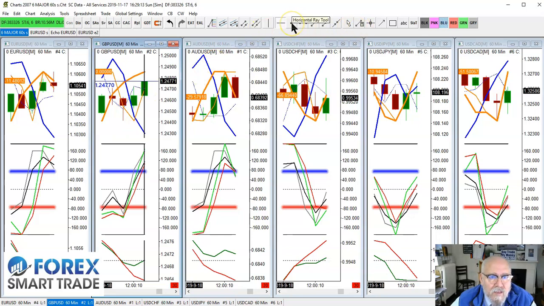So to take 5 pips, a pip is the second column over from the far right. So it's this 7 here. So if I take 5 away from 7, I'm going to go to 1.2472.